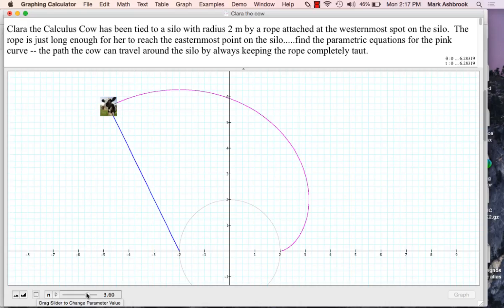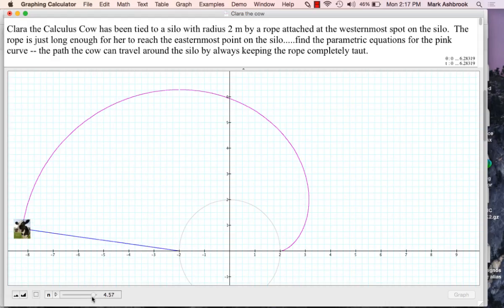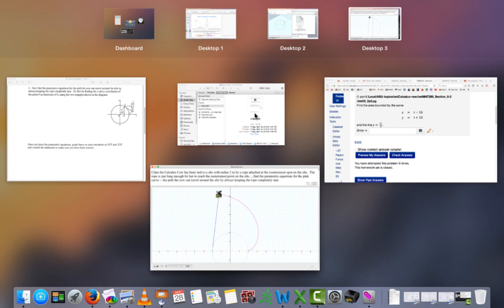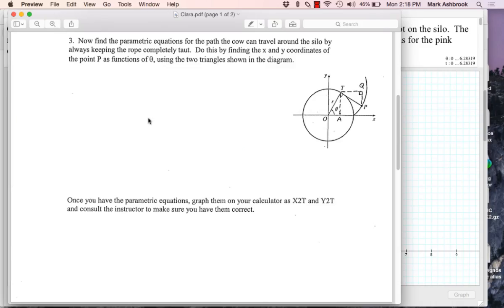This visual is also helping you see, as a brief, loose check, that you've got the parametric equations right for this purple curve here. So number 3 is the key part to this whole thing, and everything else from that is just applying the calculus that we've learned about parametric functions. You're going to have to make sense of this geometry here. This is your hint to get that parametric curve.